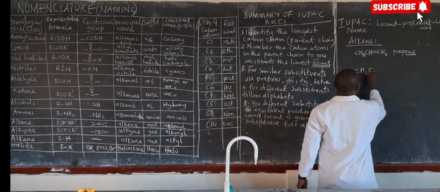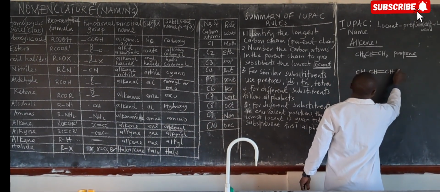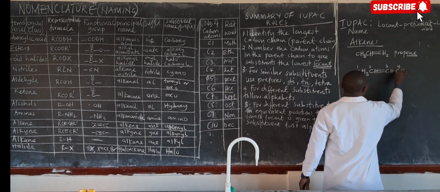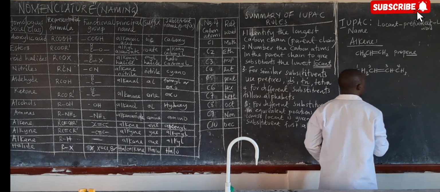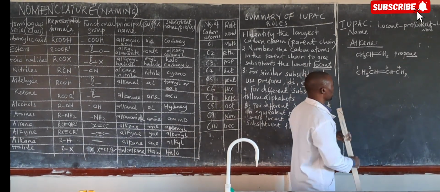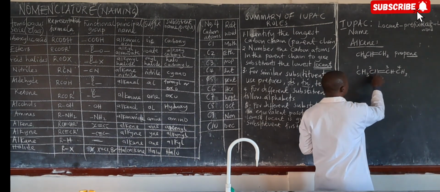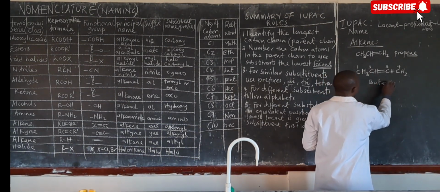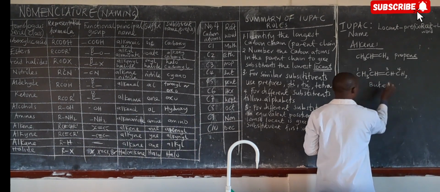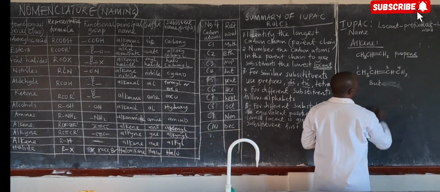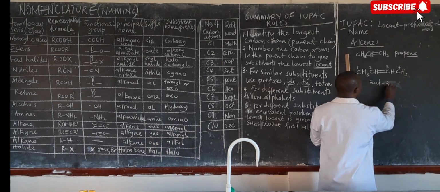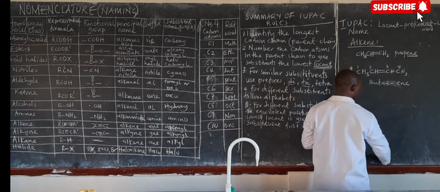So if you had such, then you'd number, and here position would be important because if you change this double bond here, it will be at position 1. So the first double bond, this is butene. Of course, now we are going to put the position between here. So the locant is between the root word and the suffix. So this is butene.